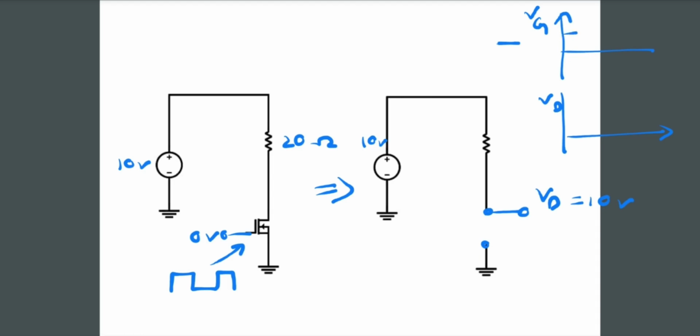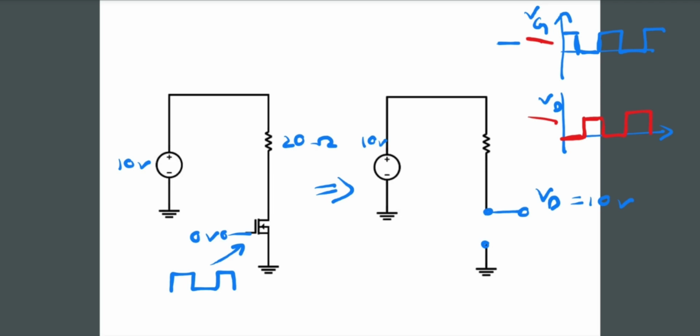When there is some gate voltage available, the drain voltage will, of course, be 0. When the gate voltage is 0, the drain voltage will be equal to the source voltage, right? So in this way we will get the curve of gate voltage and drain voltage.